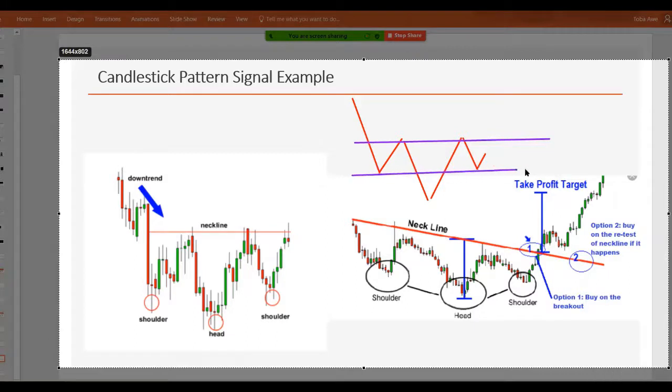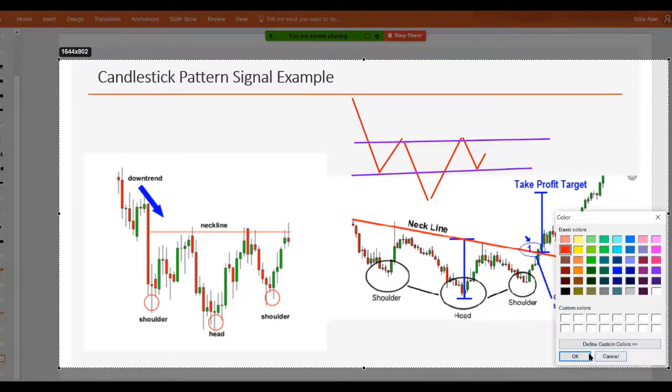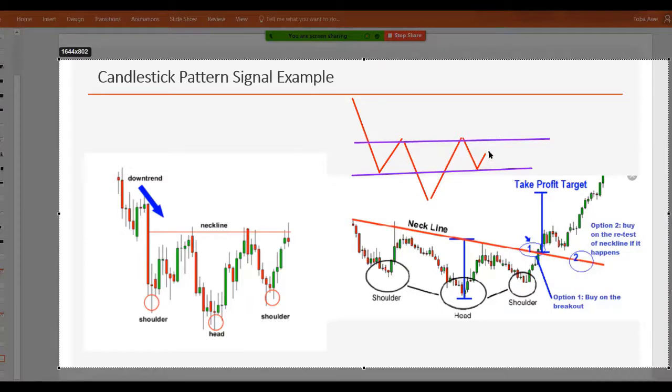This is also my support. I can now say, if price gets to this level, I'm going to buy. I'm going to place my buy order at this point because I'm anticipating that the price is going to move up. Okay, so that's how we enter and exit the market.